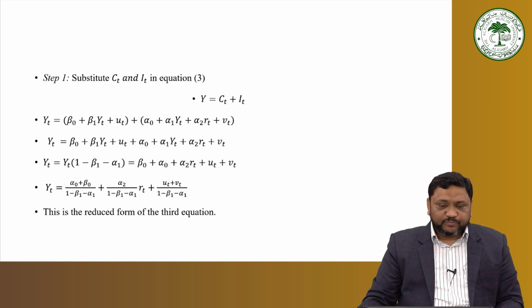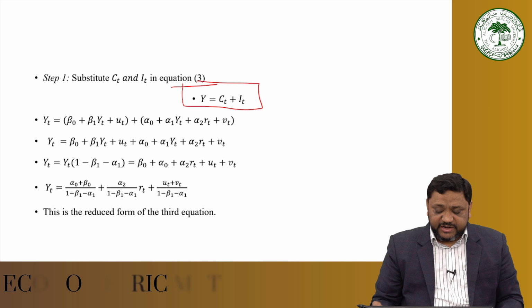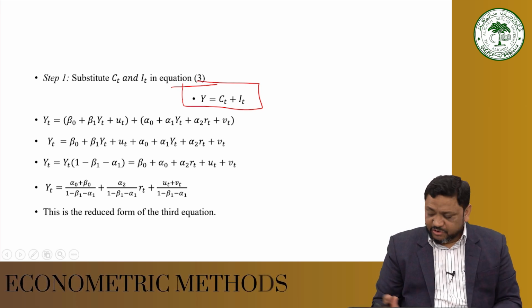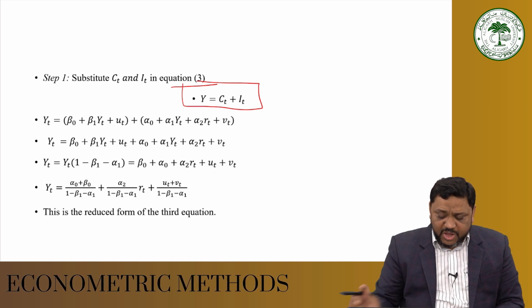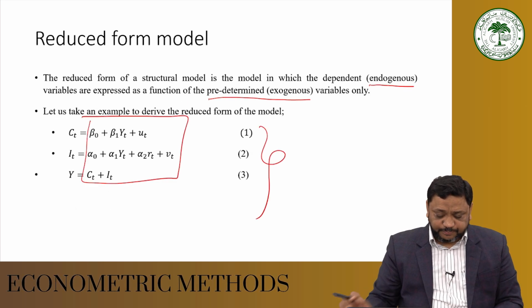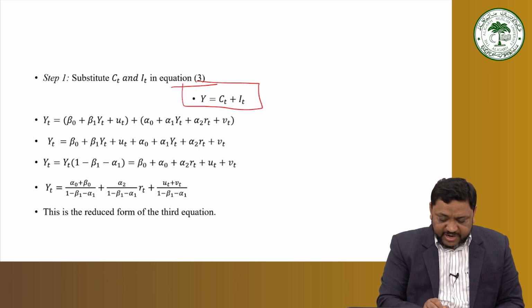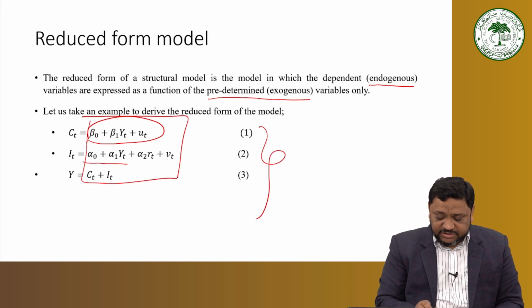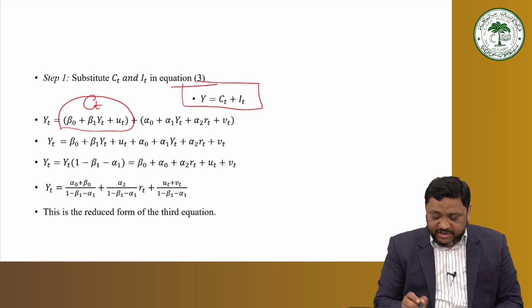So what we do? We first take our identity equation, that is equation 3, yt is equal to Ct plus it. Now we know the function of Ct, we write it here, and this other function, the investment function for i, we write over here.